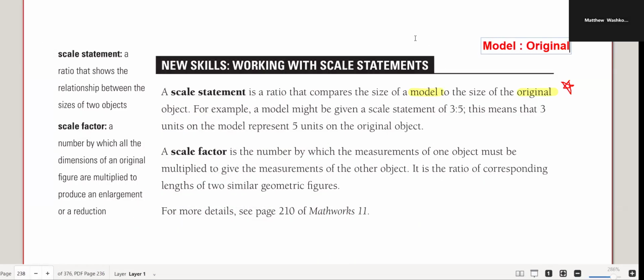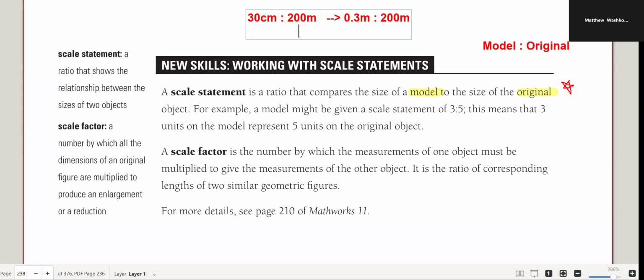So maybe this model of that Eiffel Tower is 30 centimeters. Well, the real Eiffel Tower, and I'm just pulling a random number out, I don't actually know, is 200 meters. Or, it's 30 centimeters, or sorry, actually 0.3 meters to 200 meters would be an example here of a scale statement.